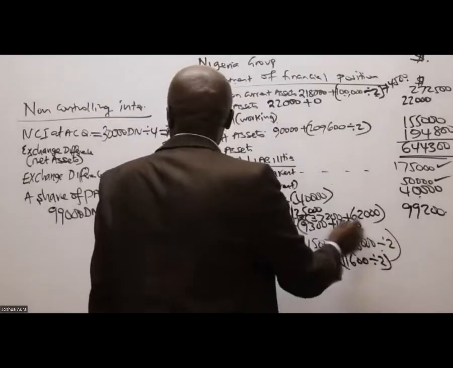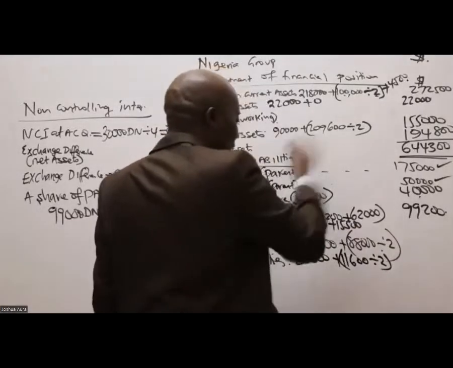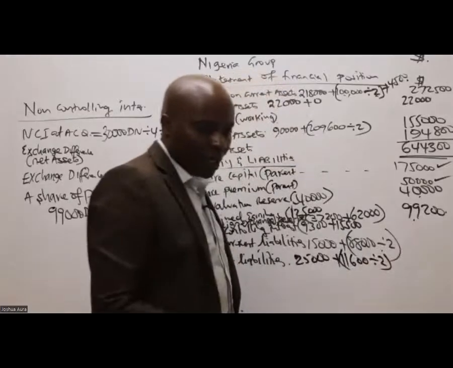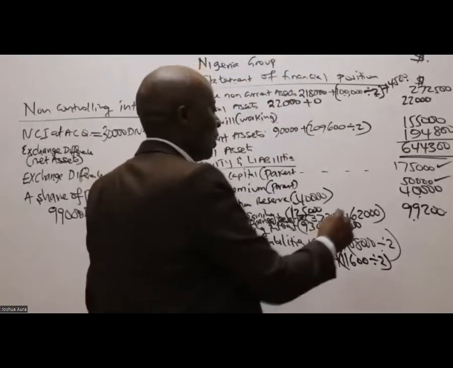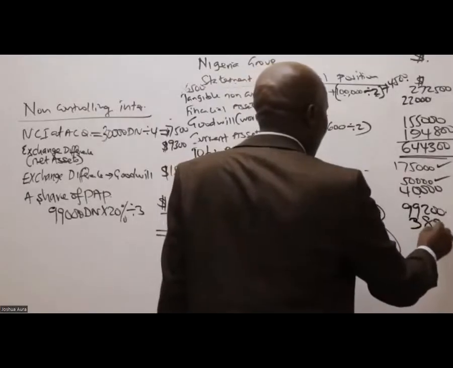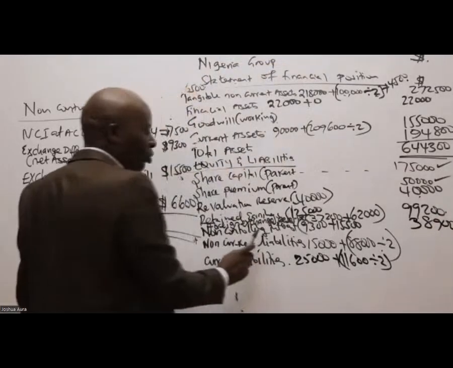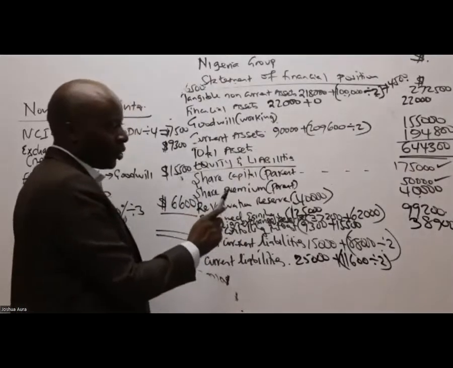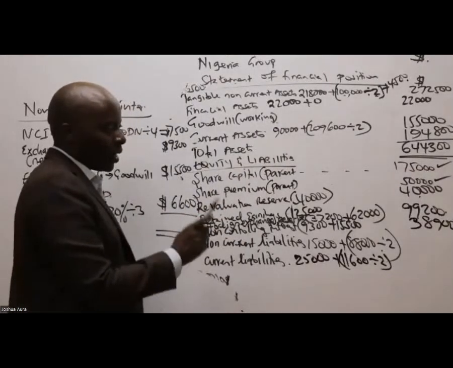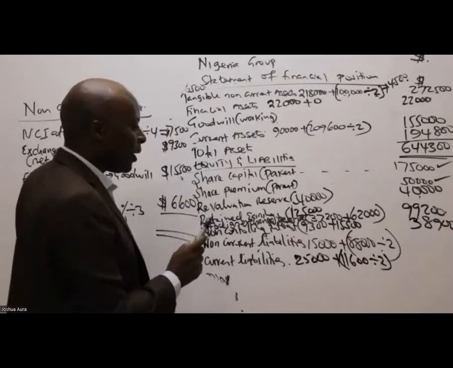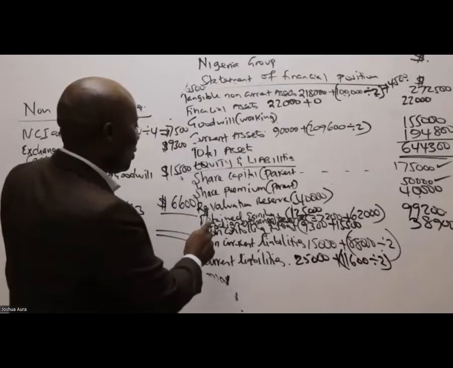You can mention here working 10 or whatever for a revision, but I'm being told this is supposed to be 38,900. So remember, this is a permanent source of capital.